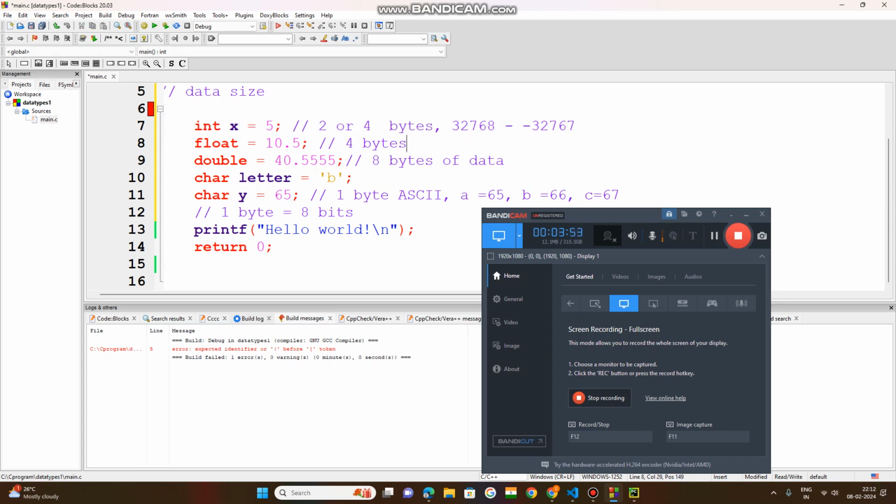No need to write the plus sign for positive integers.